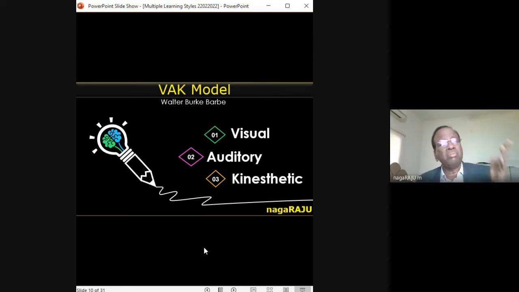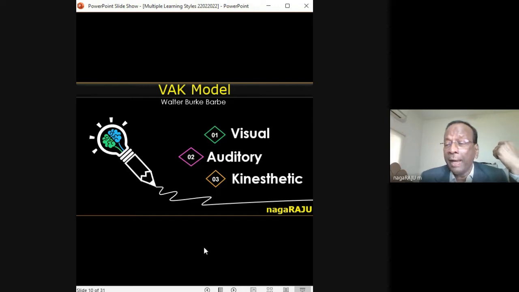So quite a long time ago, somebody by the name Walter Burke identified three important learning styles or teaching models. He called them the visual, auditory, and kinesthetic. It was often called the VAK model.